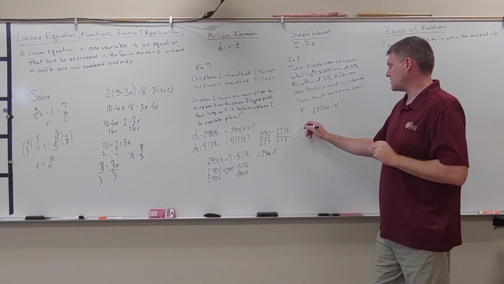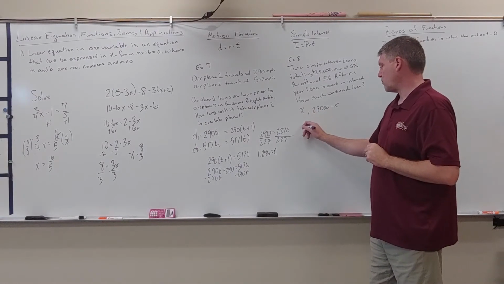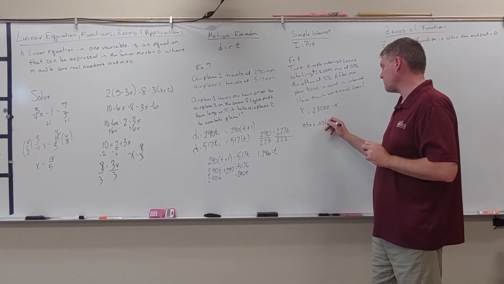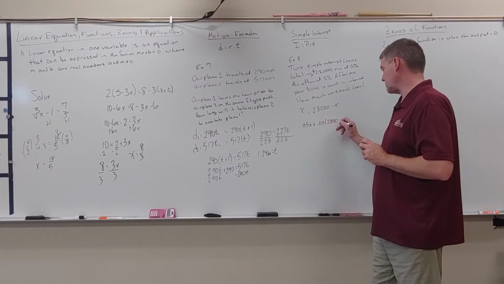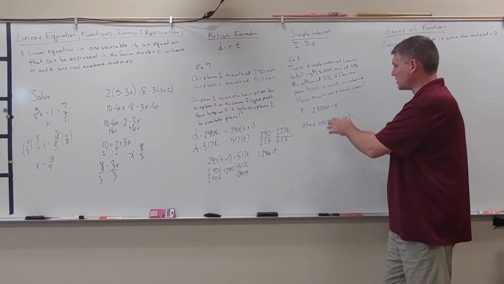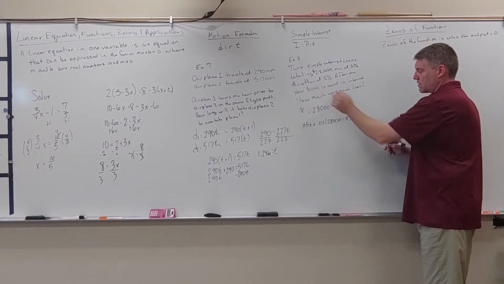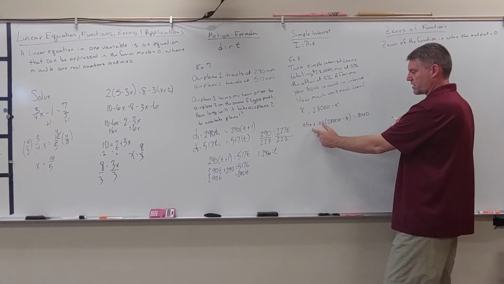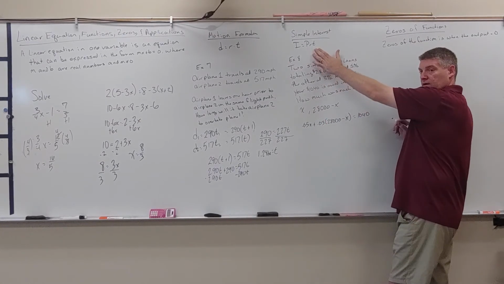And so now I can set up my formula. So I have 0.05x plus 0.03 times (28,000 minus x) equals, now my interest here is going to be 1,040. Notice here I did not put in a t. That's okay.